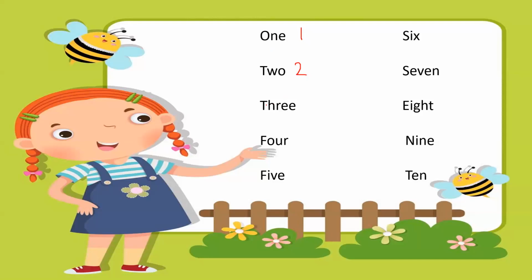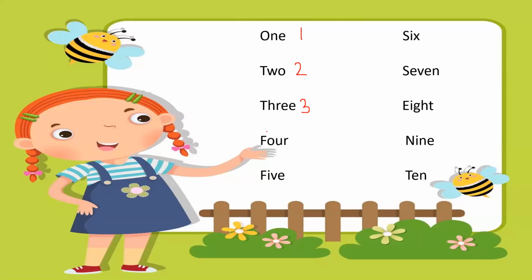3. T-H-R-E-E, 3. How to write 3? Like this. T-H-R-E-E, 3. You have to say also, say loudly.